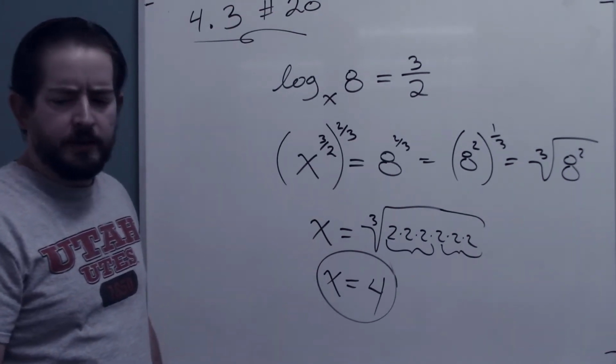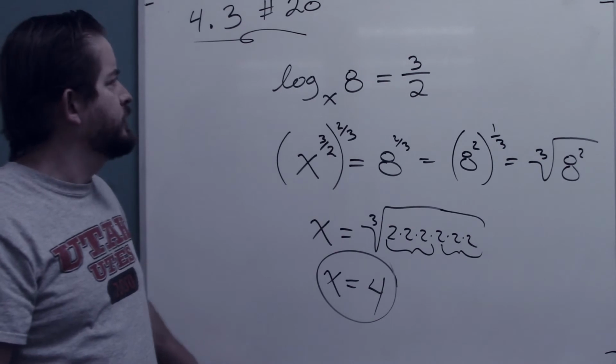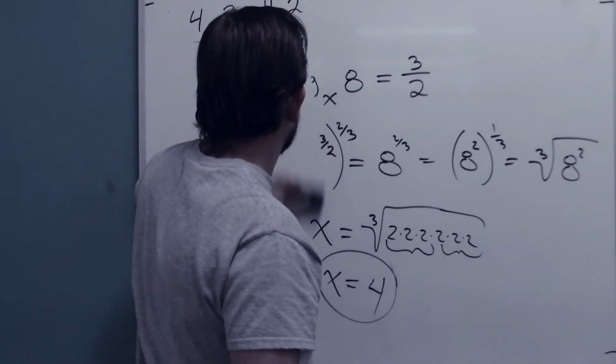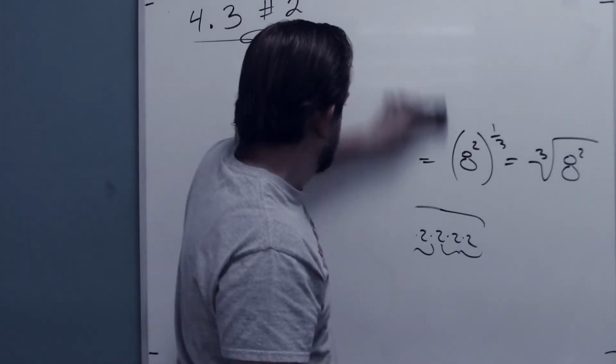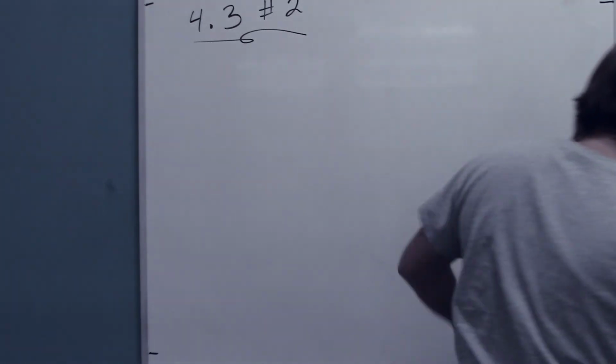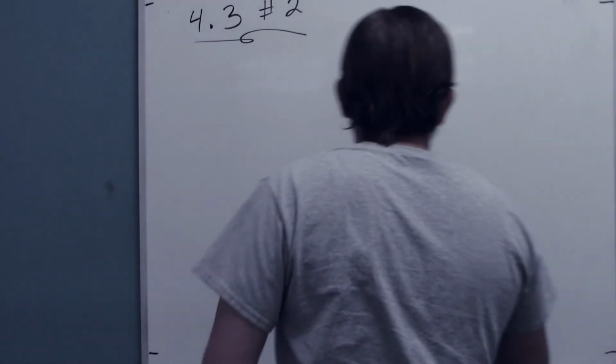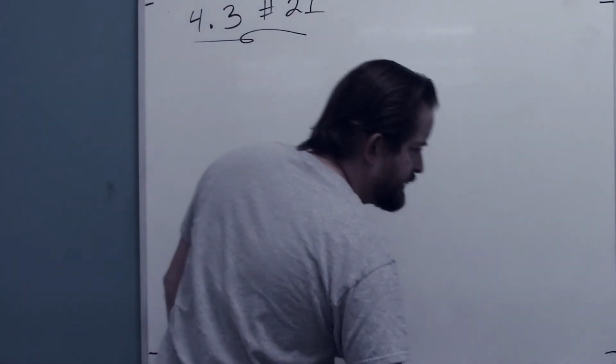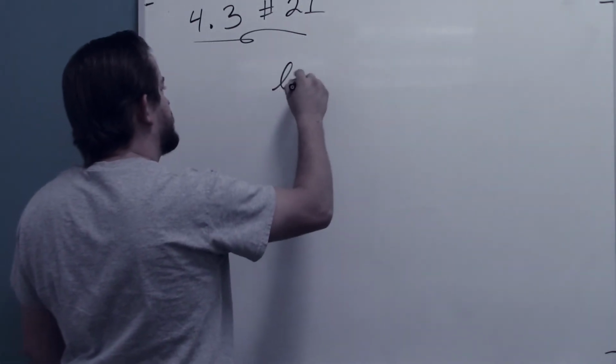Let's look at 21. I think it was 3 questions in a row, 20, 21, and 22. So let's look at those. Let's look at 21. We have log base x of 2 equals 1/2, so kind of the same setup here.